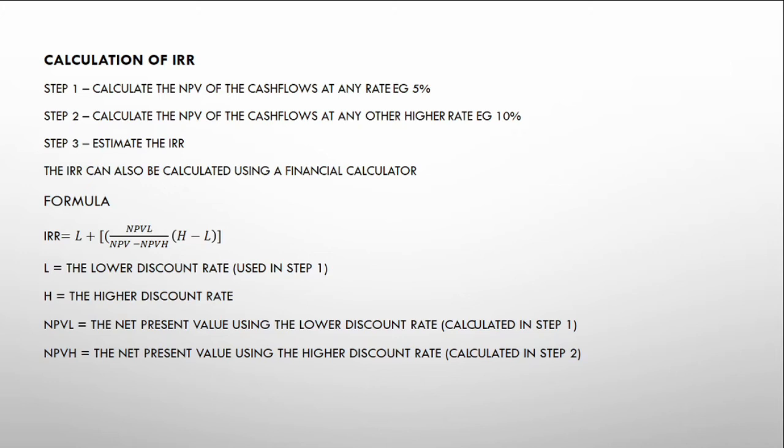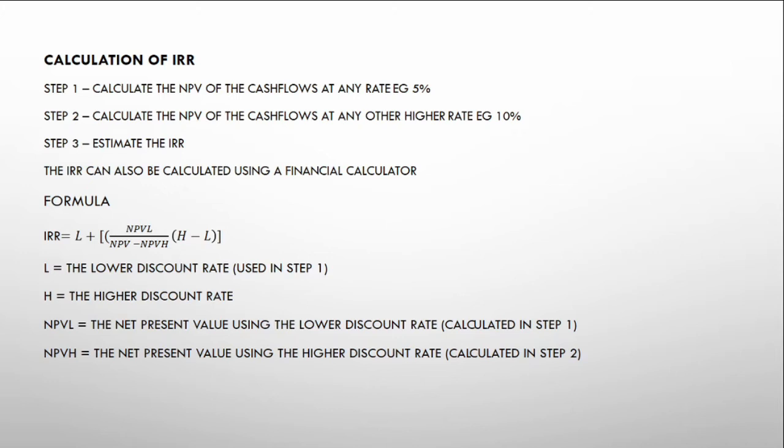And then we also need to know what the net present value was using the higher discount rate, which we used in step 2. Once we have calculated this, using our estimates, which in this question was the 5% and the 10%, then you can actually insert that into the formula to calculate your internal rate of return.